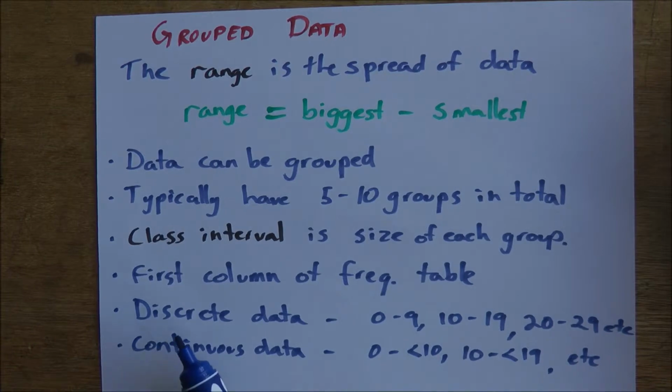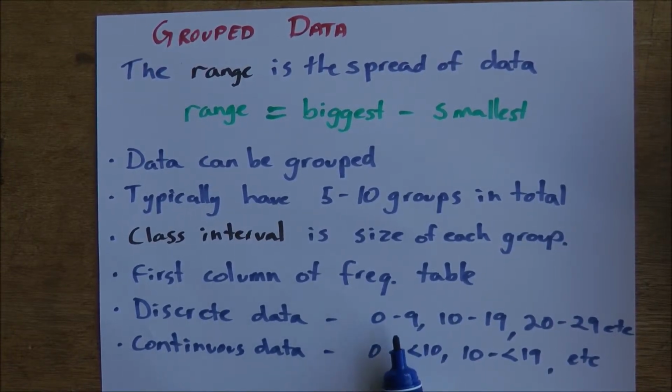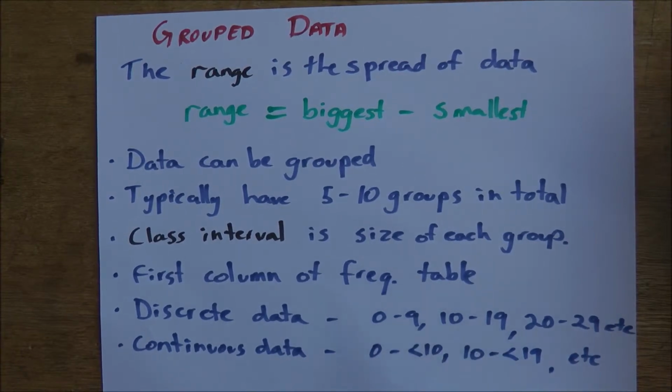So if we're dealing with discrete data, say we surveyed people and responses were between 0 and 29, for example, we're grouping 0 to 9 together, so all those responses go together. 10 to 19 we're grouping together, 20 to 29 and so on. It's discrete data, they're whole numbers. Continuous data is a little bit different. We're grouping it from 0 to less than 10.